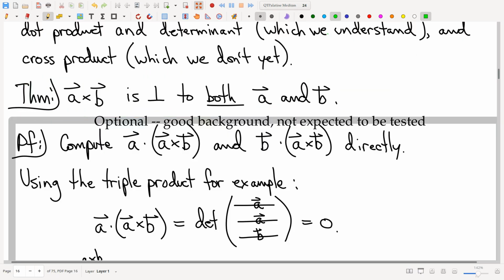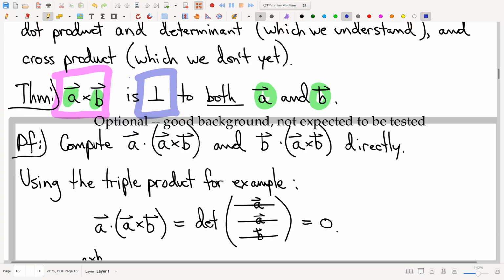Here's the first one. If you have a couple of vectors A and B, and if you cross them like so to get that third vector, that cross product is always orthogonal to both of the inputs, A and B. So, said differently, give me any two vectors, the cross product will always produce a new vector that's perpendicular to both of the originals.